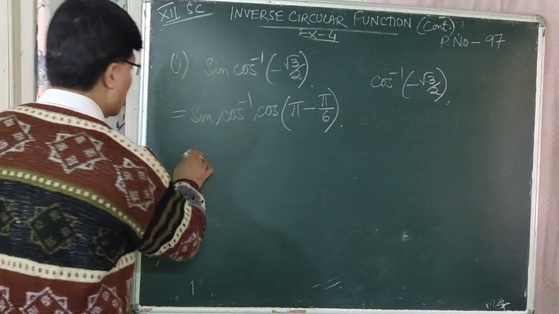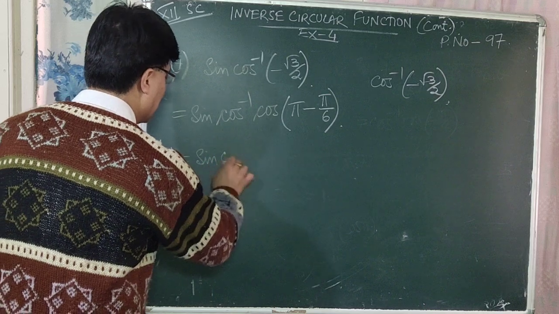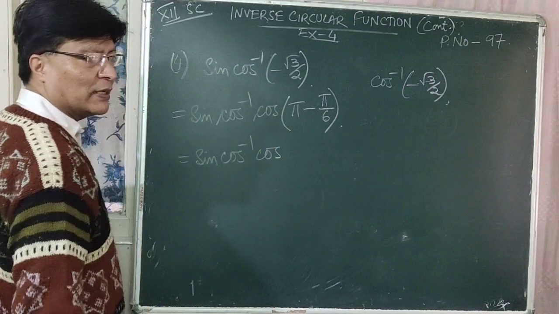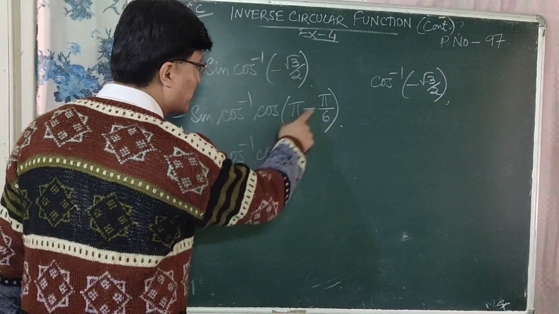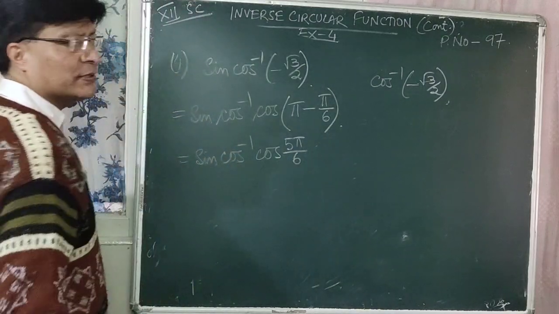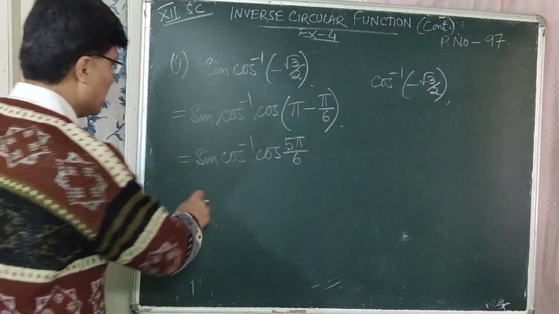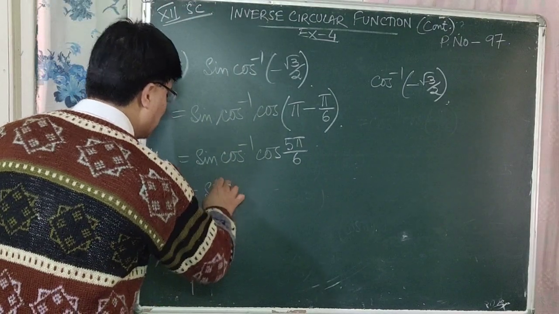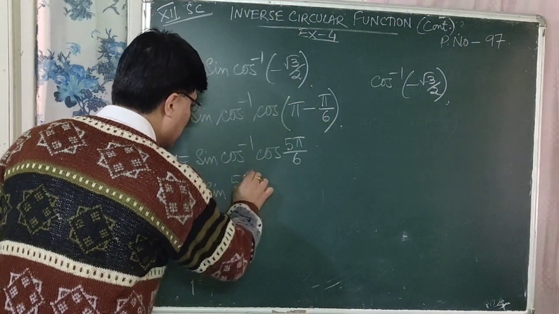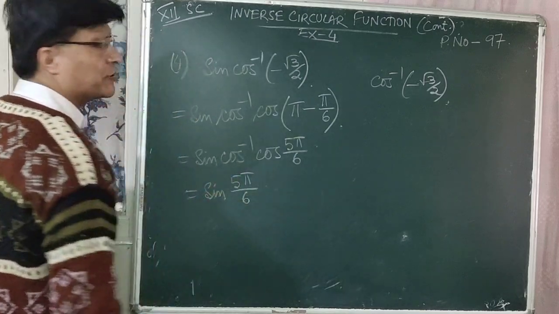Okay. So it is equal to sine cos inverse cos. Now let us simplify it. 6 into pi, 6 pi minus pi. It is 5 pi/6. Is it clear? So it is equal to sine, what is cos inverse cos 5 pi/6? It is 5 pi/6.